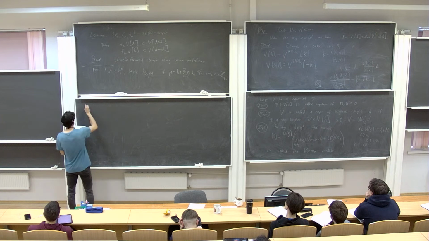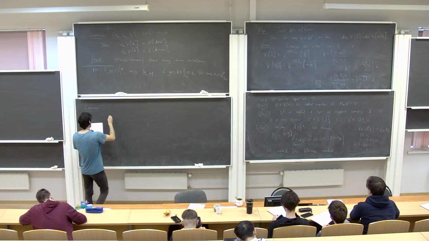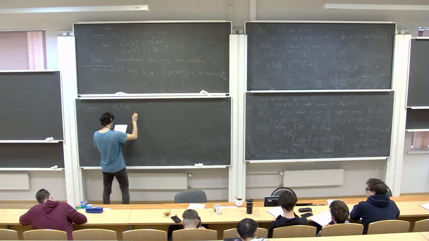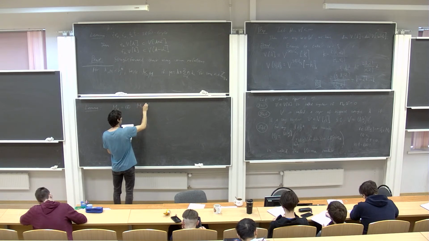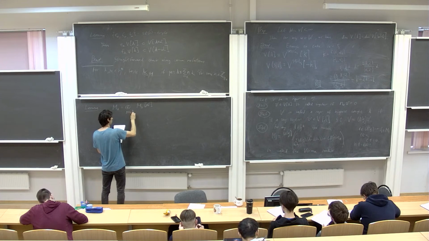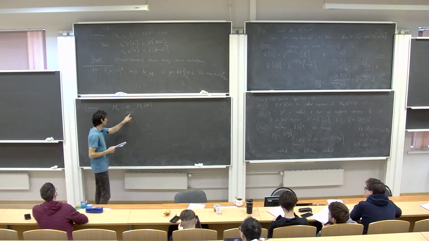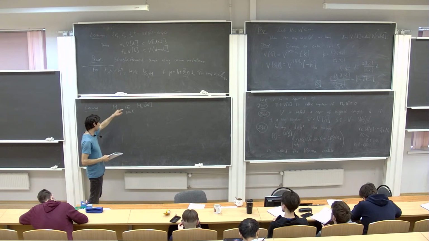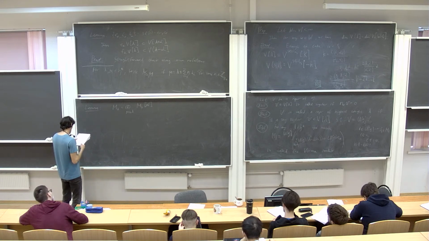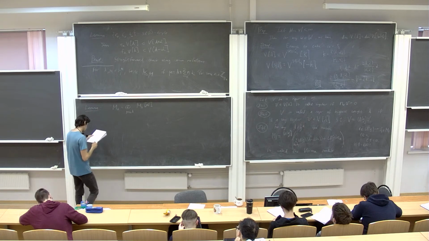So lemma: M lambda is a direct sum of weight subspaces as mu runs over weights which are smaller or equal than lambda. The proof is just using the PBW theorem.